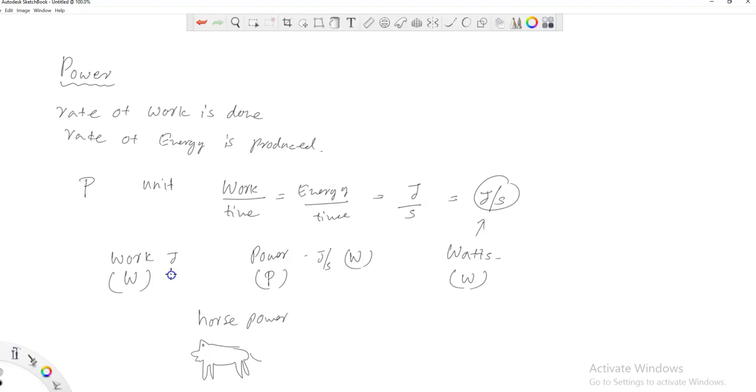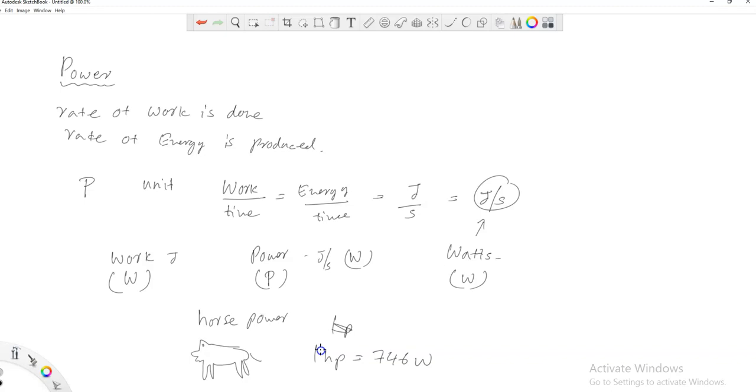Like you compare sports cars or muscle cars, so many horsepower, stuff like that. So 1 HP is equal to 746 watts. How many joules can it produce per second? That's the idea of power. That's the idea of horsepower.